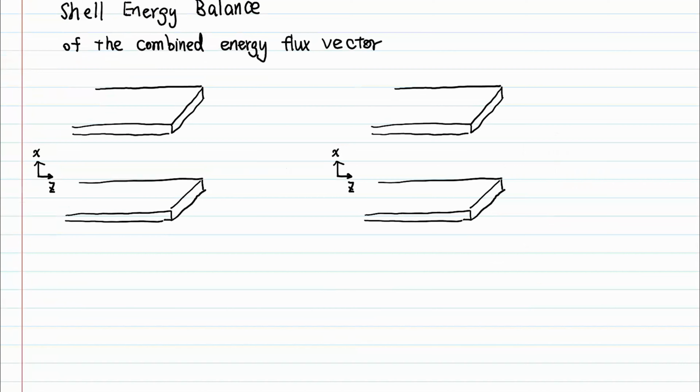So the first question is, how do we define that shell, that control volume, and how do we do a balance over it? There are two selections you can naturally think of. One type of shell would have a very small distance in the z direction.